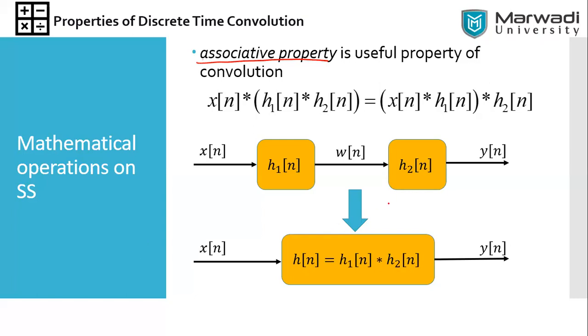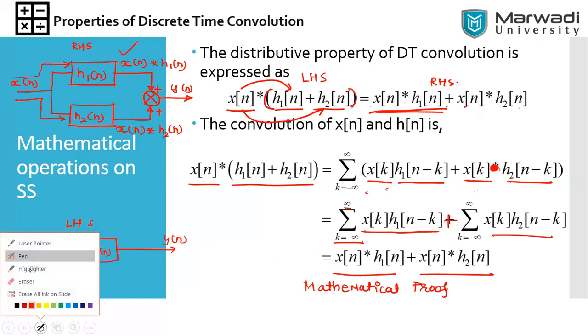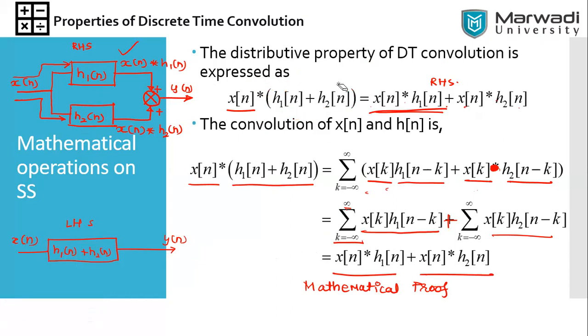Okay, associative property is a useful property of convolution. Once again, if there are two systems connected in cascade, understand? Last time, two systems were connected in parallel. This distributive property is applicable to those systems which are connected in parallel, right?